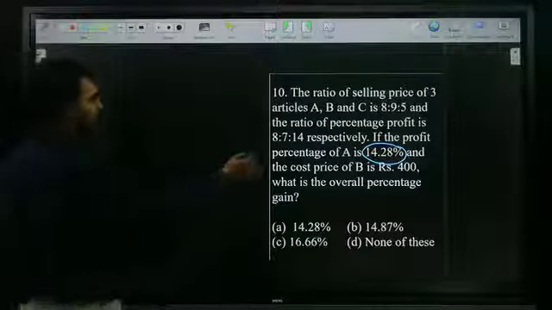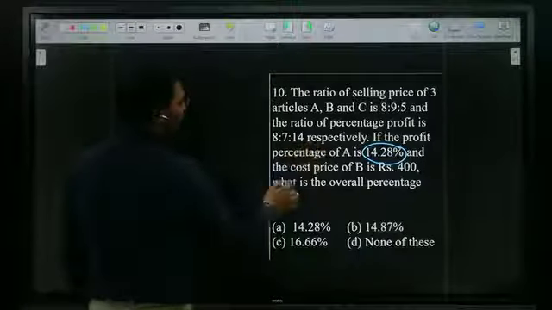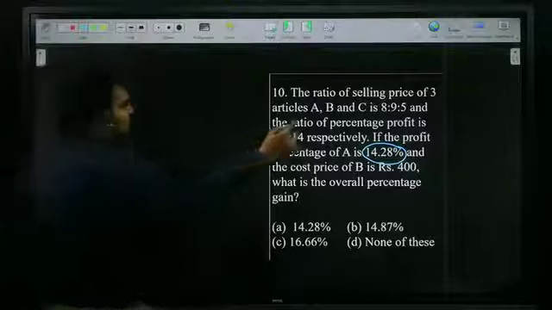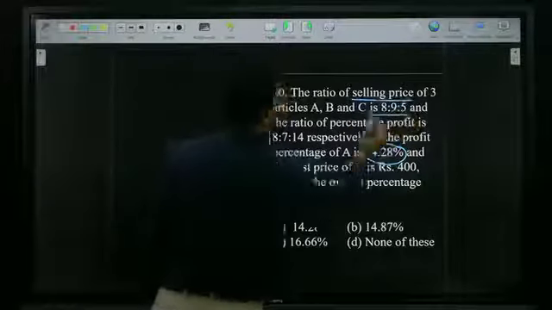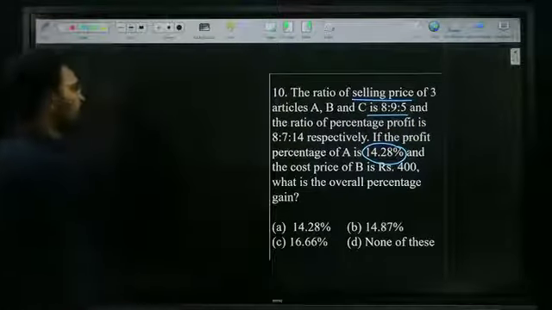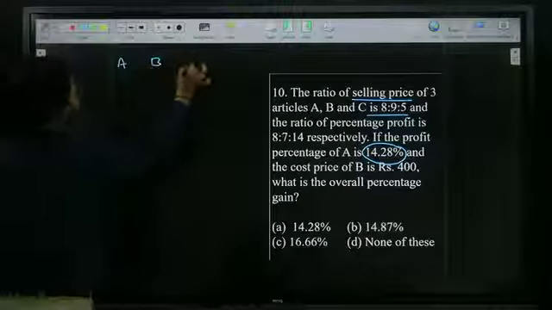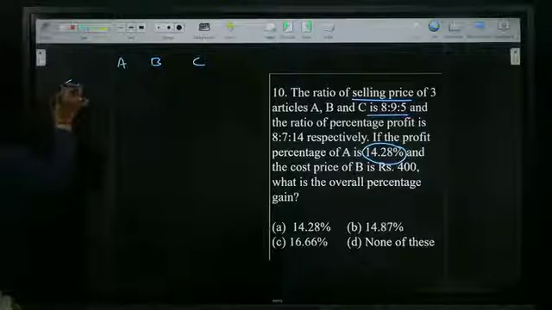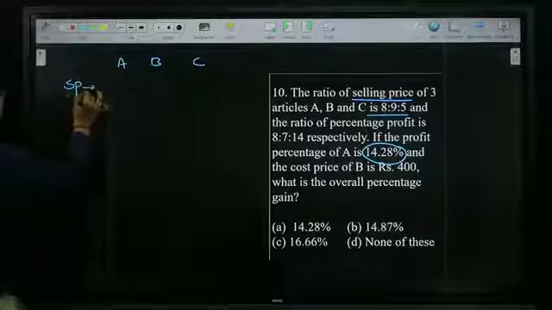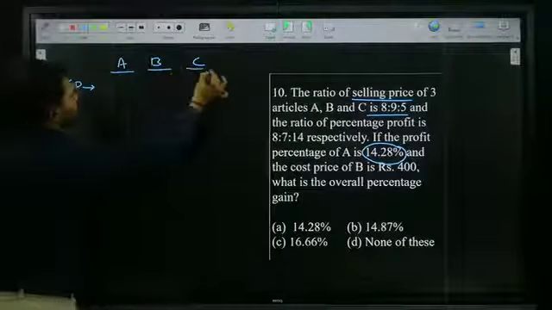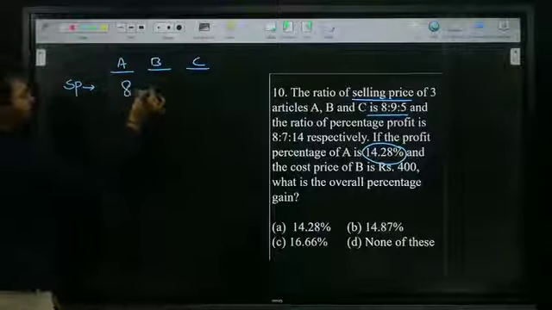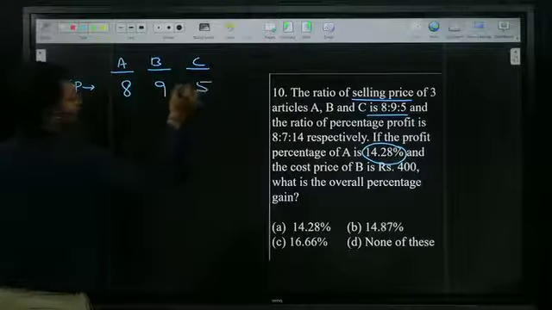Here they have given the ratio of percentage of profits, and the selling prices ratio they have given. Selling prices ratio is A, B, C, that is 8 is to 9 is to 5.